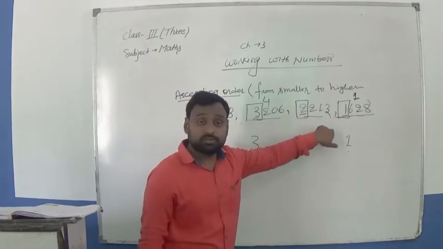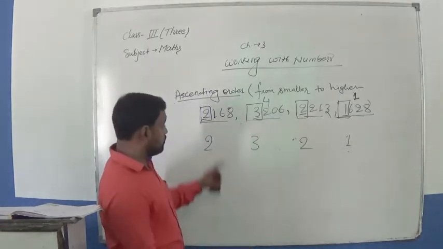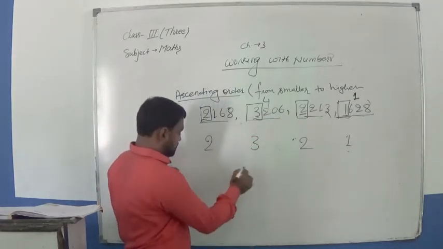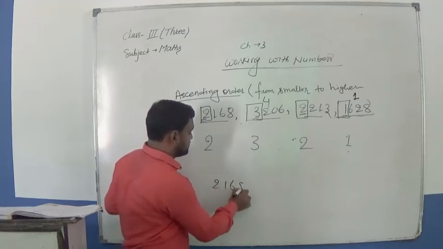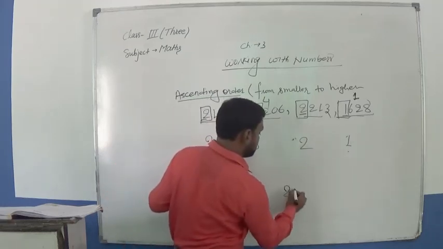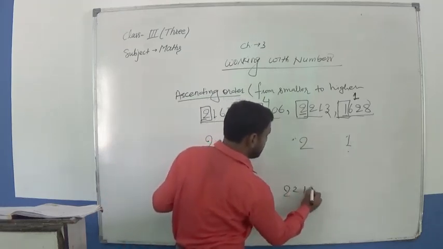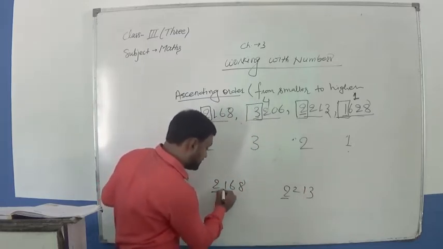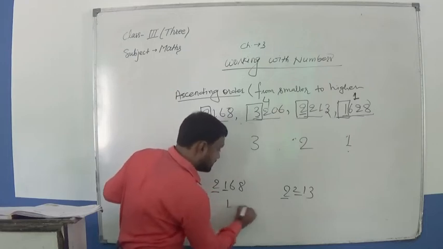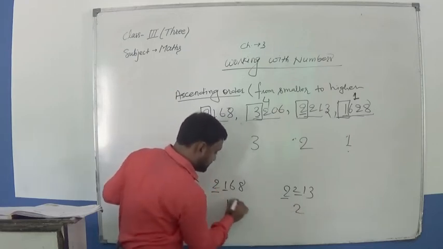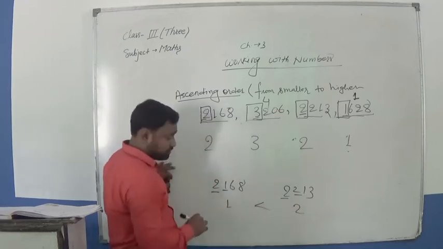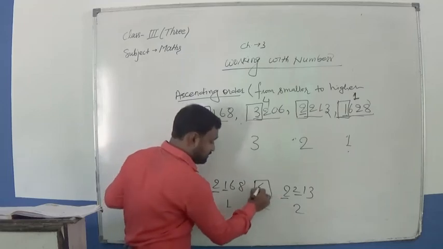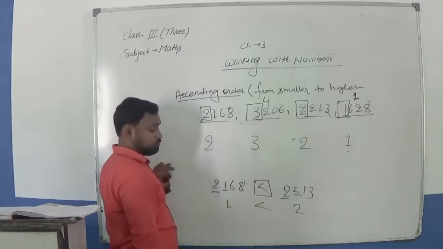2168, 2213. Now here 2168 and here 2213. The first position is the same, can't be determined, and at the second position here 1 and here 2. That's why 1 is less than 2, so this number will be the smaller one.